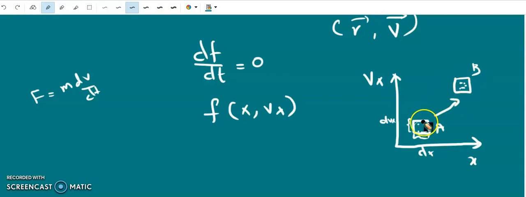Their density does not change. Number per unit volume does not change.